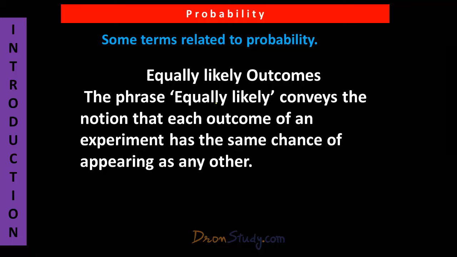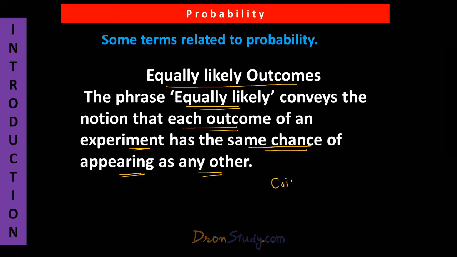Now the next is equally likely outcomes. The phrase equally likely conveys the notion that each outcome of an experiment has the same chance of appearing as any other.